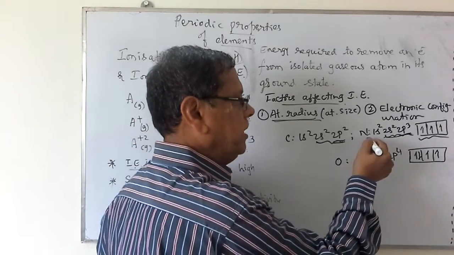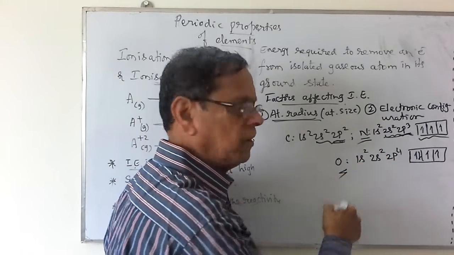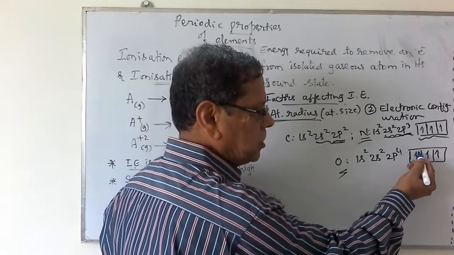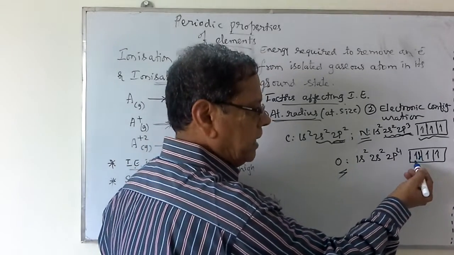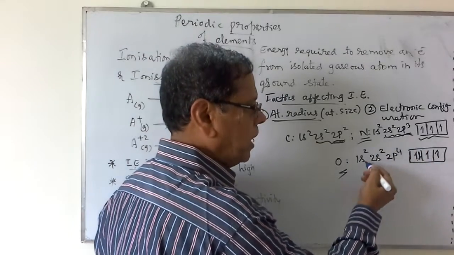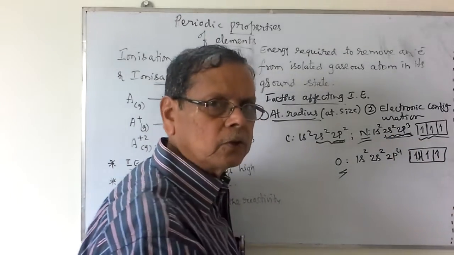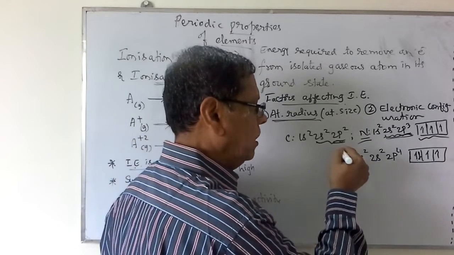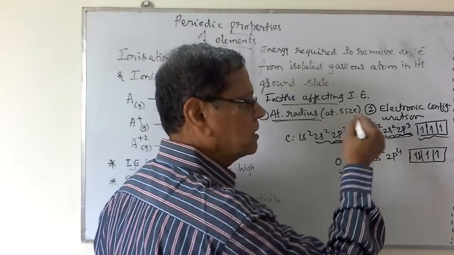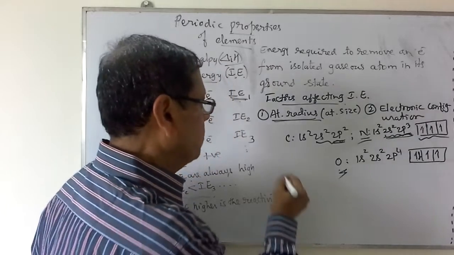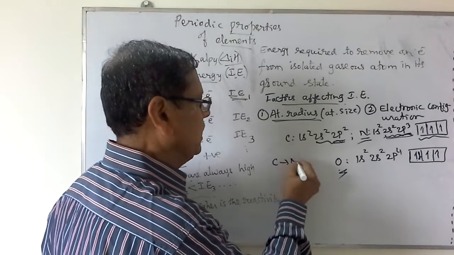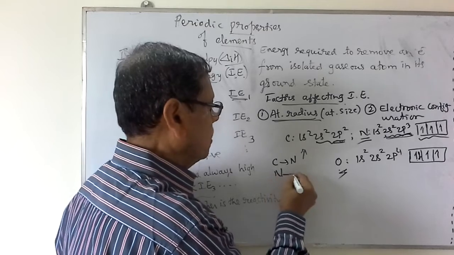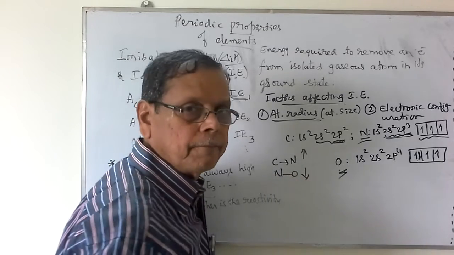Now if you compare the ionization energy of nitrogen with that of oxygen, oxygen has 1 extra electron in the 2p and can easily lose an electron to get the stable configuration. That's why oxygen has lower ionization energy as compared to nitrogen. That is, from carbon to nitrogen there is an increase. From nitrogen to oxygen there is a decrease.